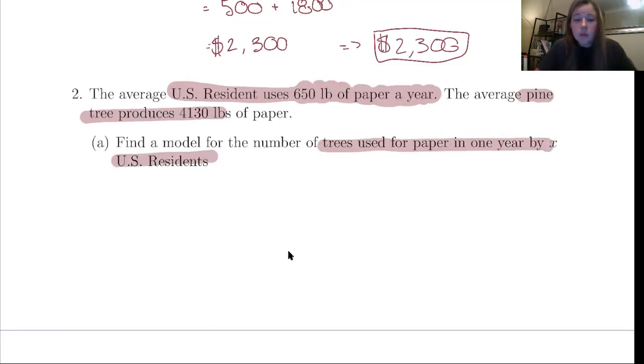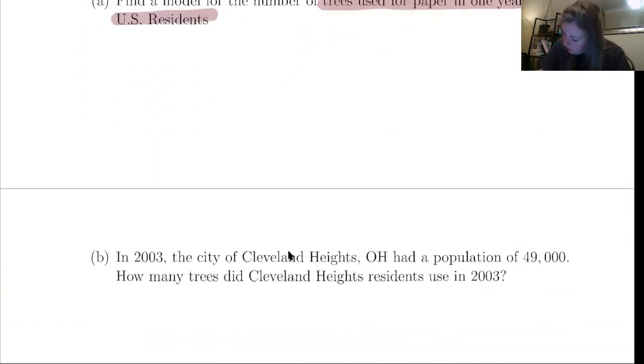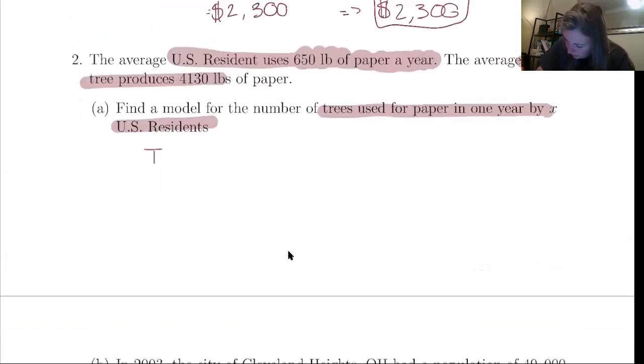So if there's no people, how many trees are going to be used? None, right? So let's call this T of X. Is this going to be something times X?